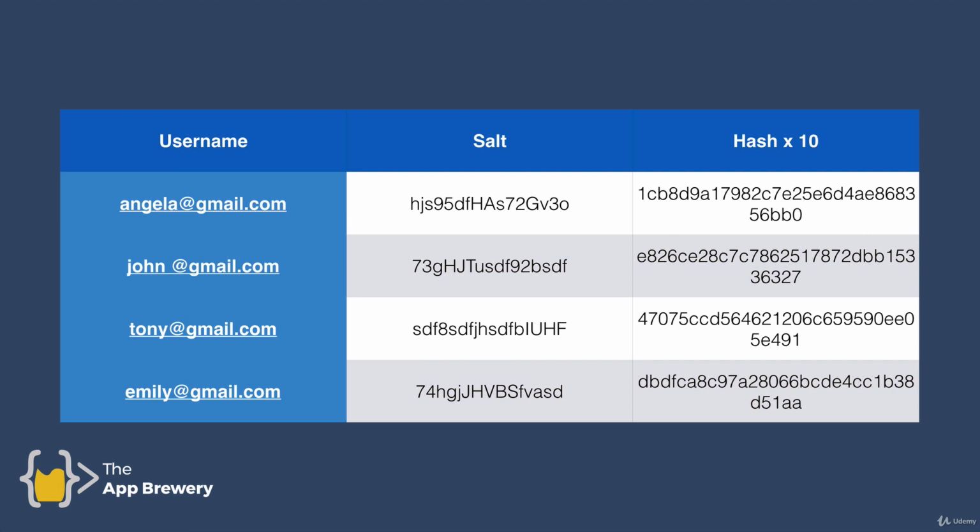And when it comes to checking their password when they log in, we'll take the password that they put in, combine it with the salt that's stored in the database, and run it through the same number of salting rounds until we end up with the final hash. And we compare the hash against the one that's stored in the database to see if they've entered the correct password. So let's give that a go in real life and implement bcrypt and salting rounds into our website's authentication.